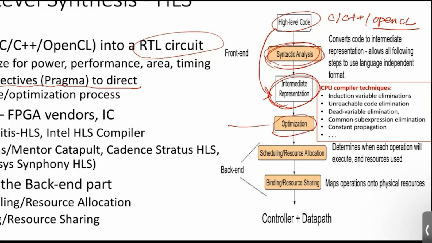At this stage, the optimization basically applies the standard CPU compiler techniques. A modern compiler has all kinds of optimization, and here I only list a few of them.